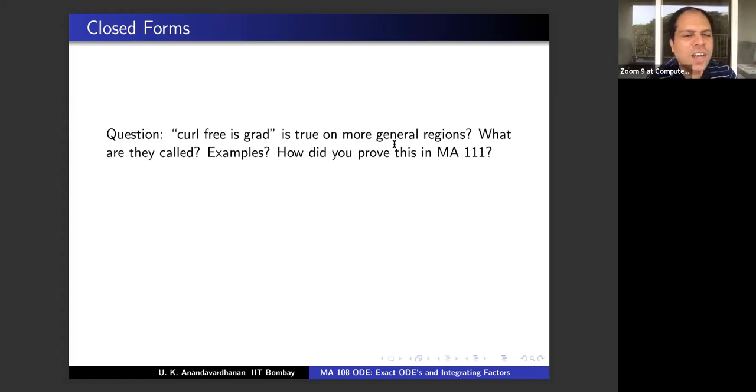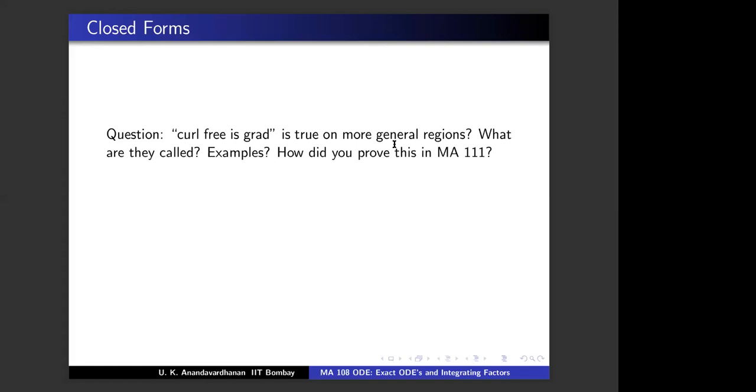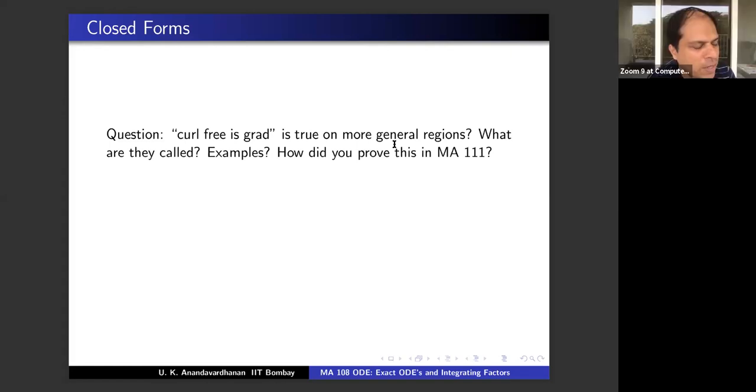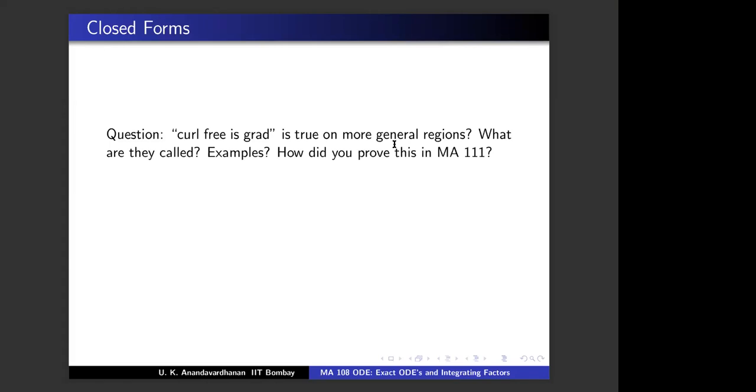So the question is, simply connected, maybe nobody gave you a definition. People, what is your definition? We can join two points directly without going outside of our domain. No, that is just connectedness.